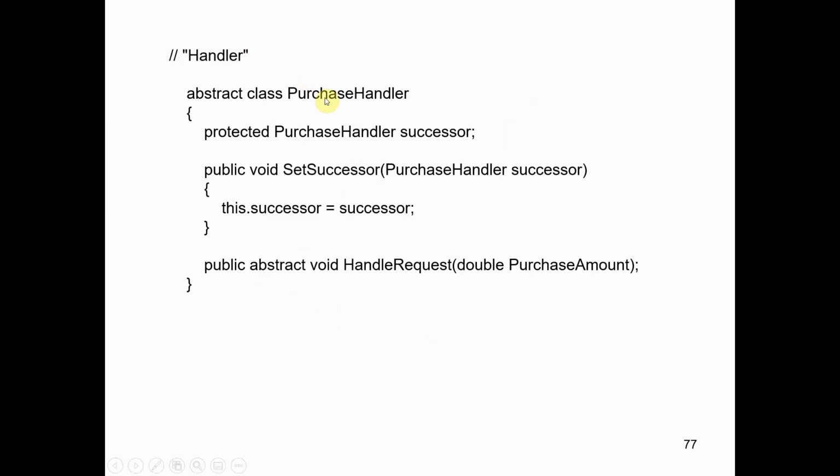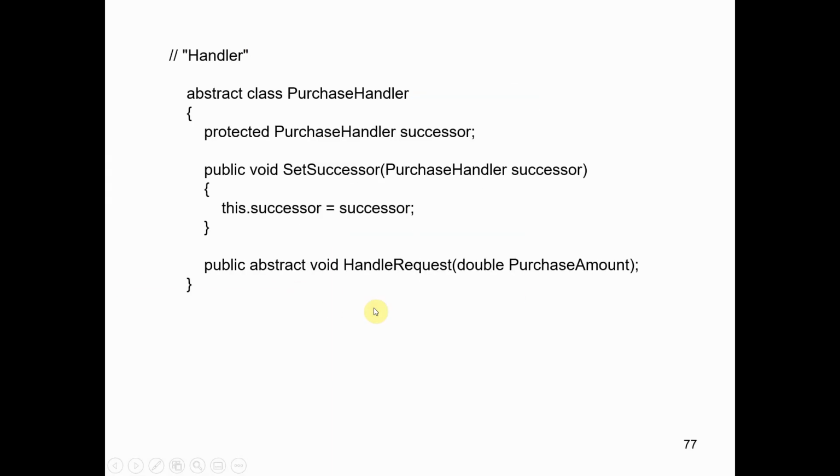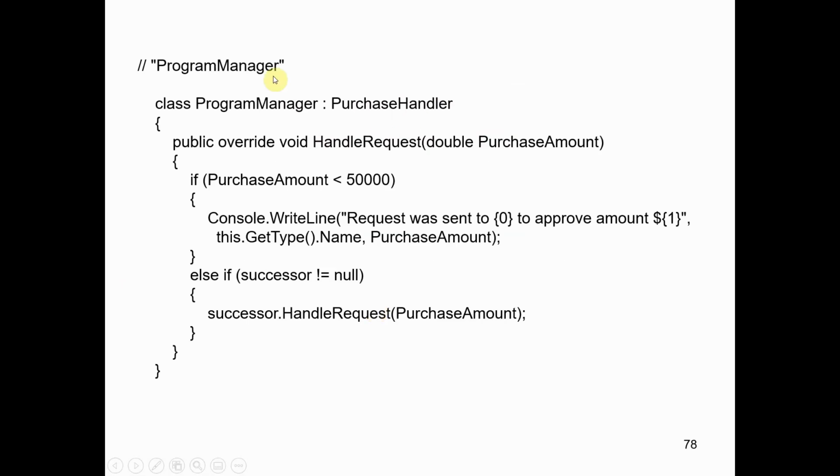Let's look at the purchase handler, this abstract handler. We are just implementing one method, set successor, and this will be shared by all concrete handlers. Then the program manager will handle the request less than 5,000. You give the amount that's being verified.